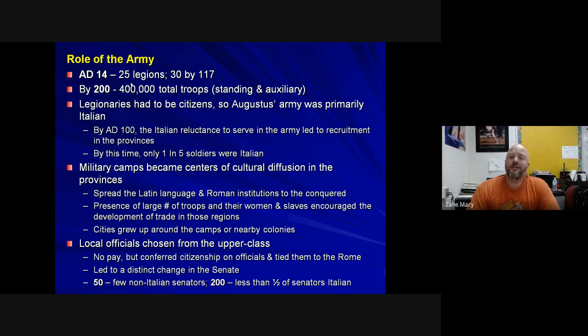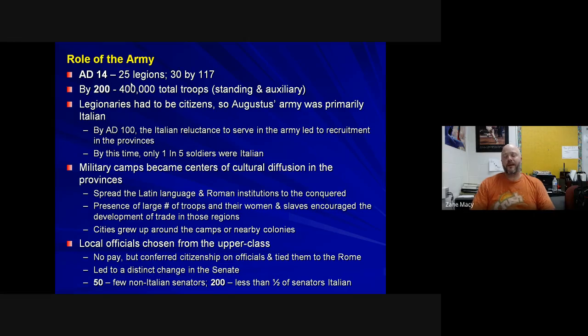By the year 100, they had started recruiting non-Italians, and by the turn of the century, only 20% of the actual Roman army was Italian. That's a positive in the sense that it will lead to bringing these people into the empire, granting citizenship to them and their families, but it does cause a few other problems.